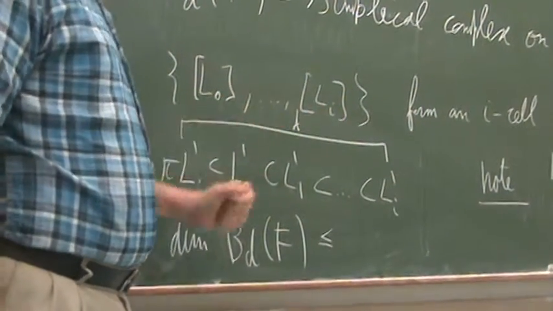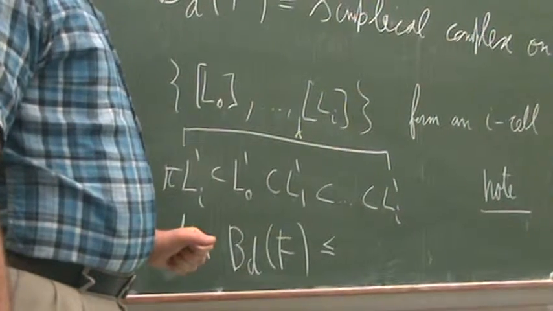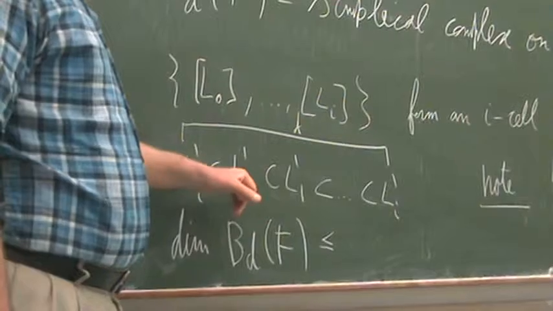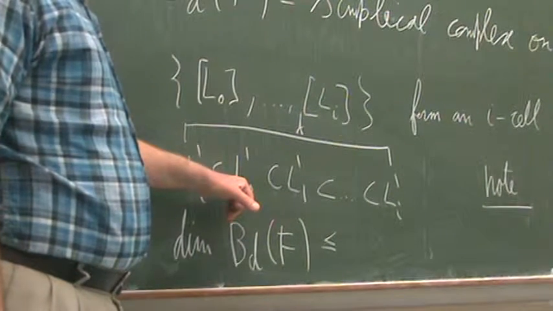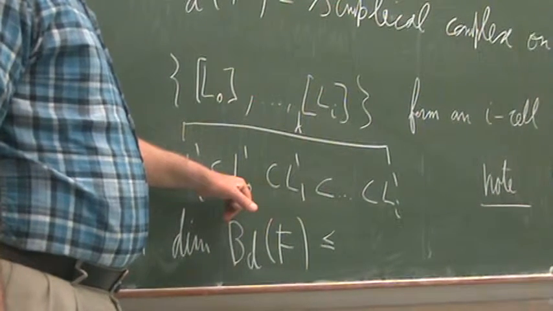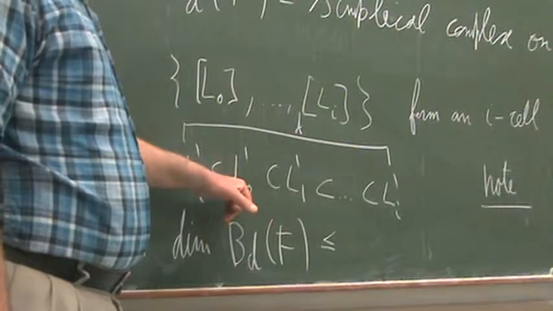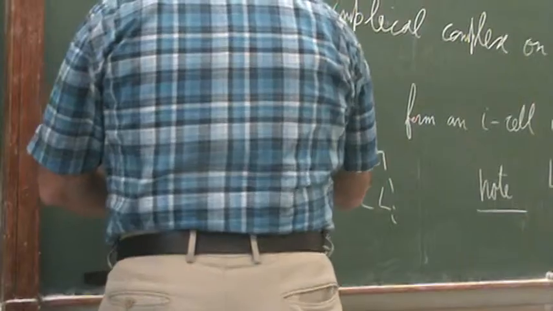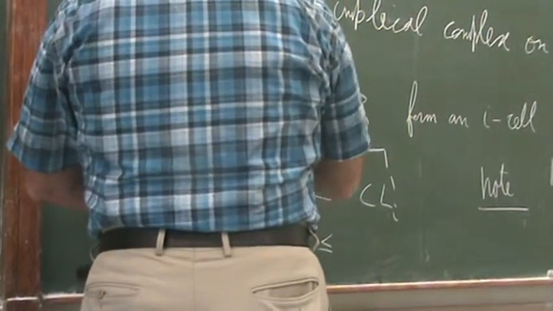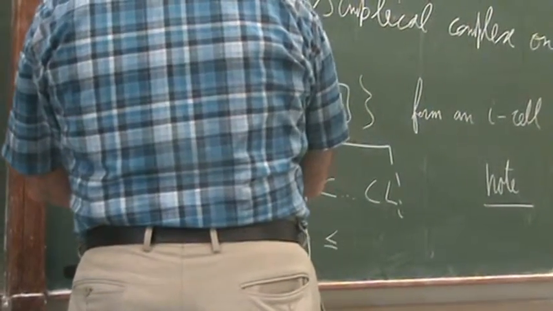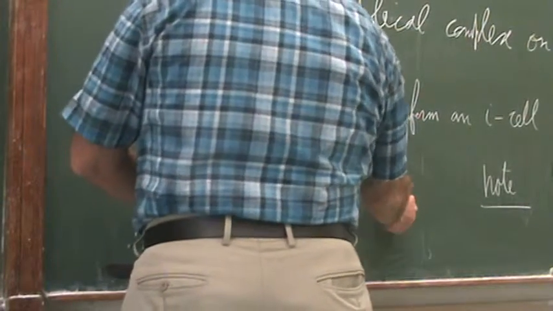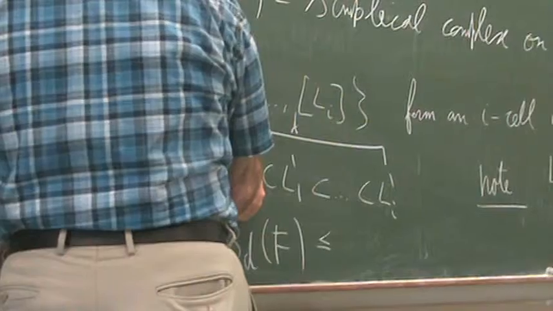No, I'm confused. L0 is 1. The dimension should be D minus 1. So the cell is of size, yeah, sorry, this is D. And this is like 0, 1, 2, up to D. So this is like dimension 1.